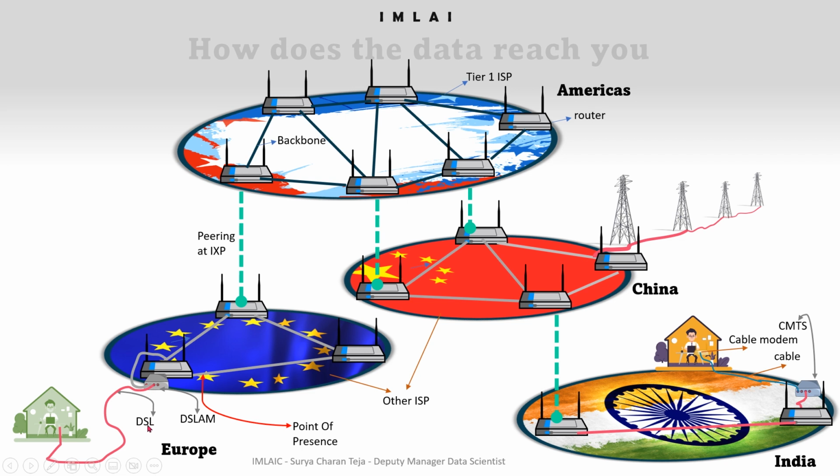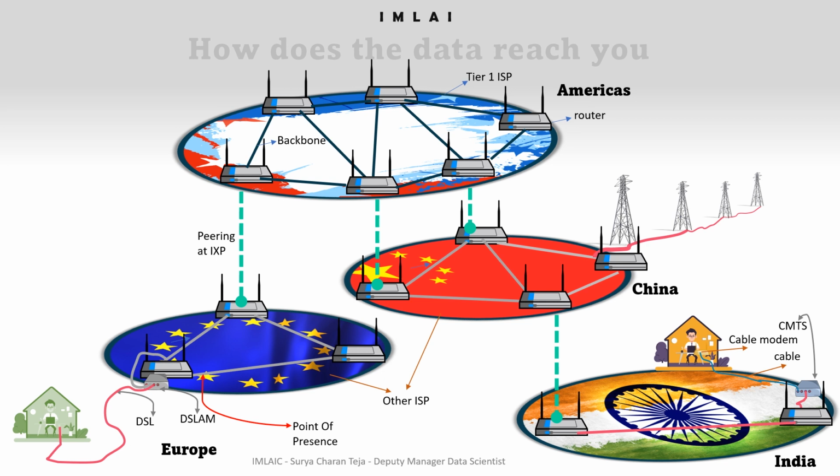DSL reuses the telephone line that connects to your house for digital data transmission. In this case you will have a DSLAM, a digital subscriber line access multiplexer.